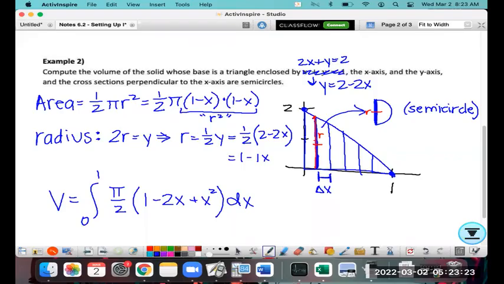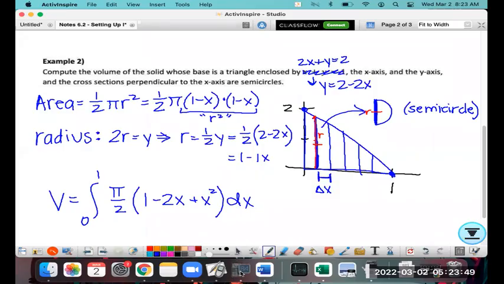Okay. So if you want to integrate this by hand, just remember that pi over 2 is literally just a coefficient. So you can factor that out of the integral if you want, or you can distribute it into the polynomial. It's literally just your traditional integrating. Pi is not a variable. It's a coefficient. So you can do that by hand. I'm going to just do that in the calculator.